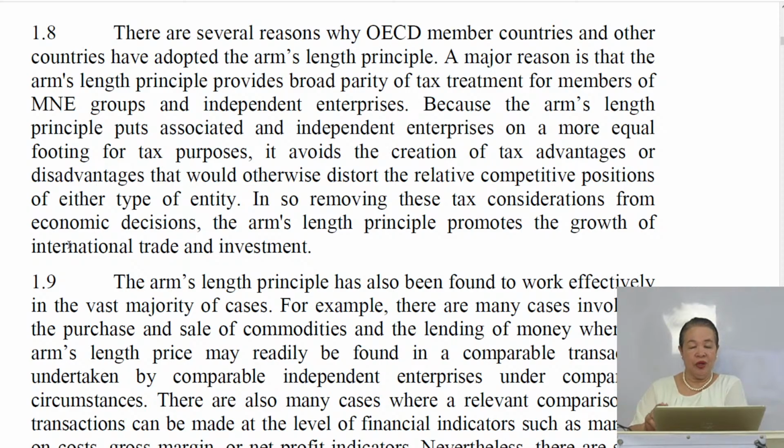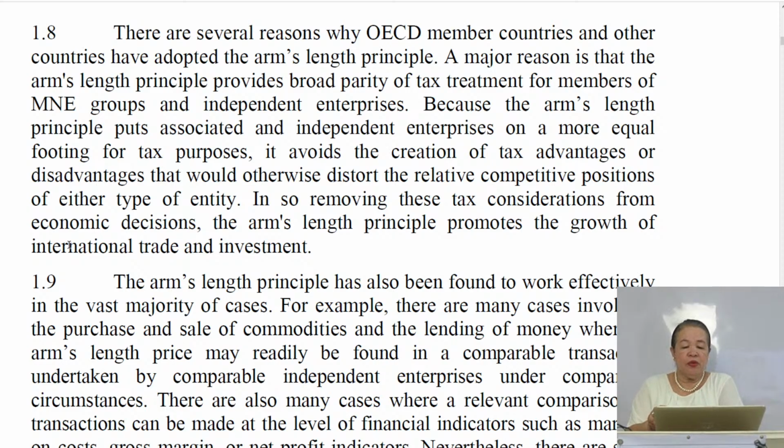So there is a huge difference between those entities paying taxes regularly under normal conditions, normal rate, and those taxpayers paying only a preferential rate or nothing at all. So it gives them a competitive advantage over the other entities who are paying their taxes.